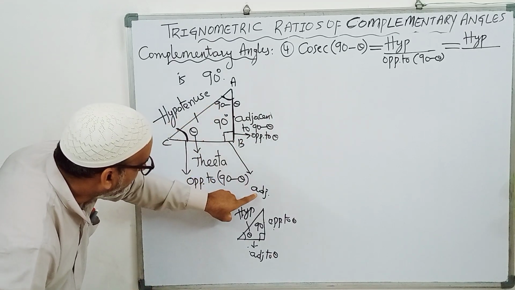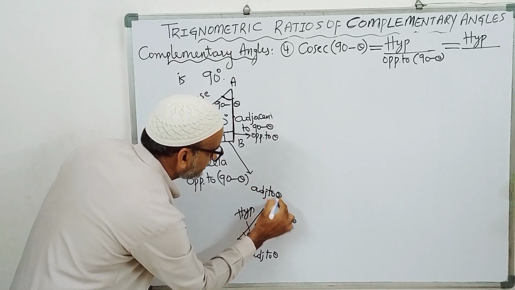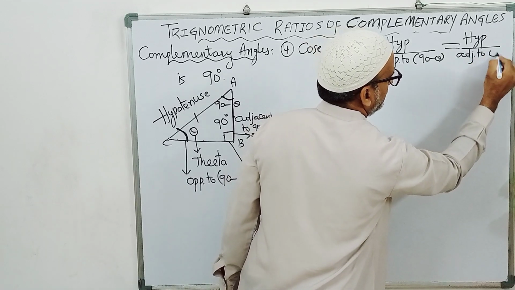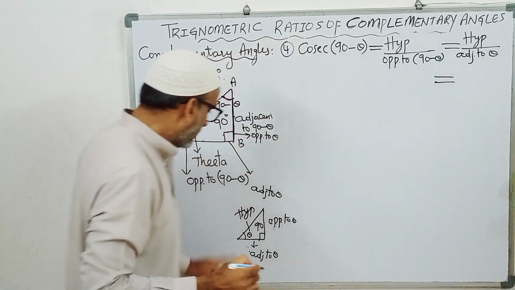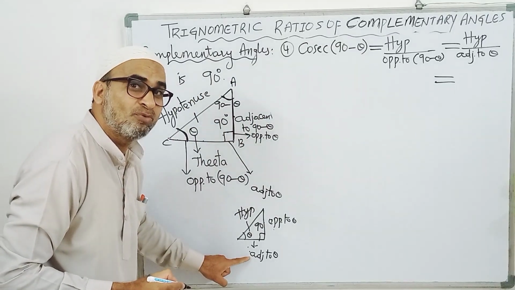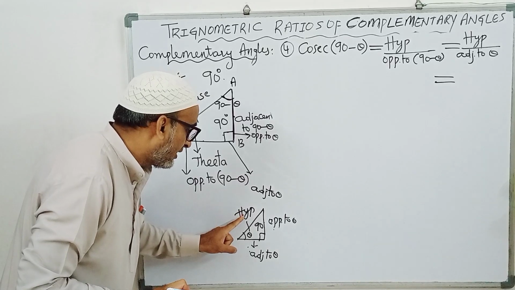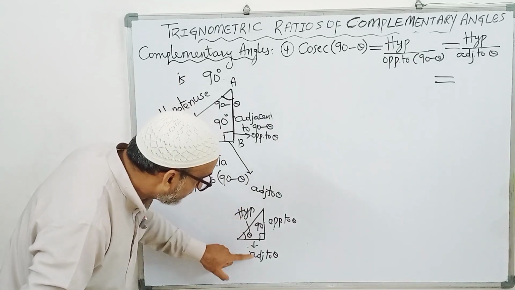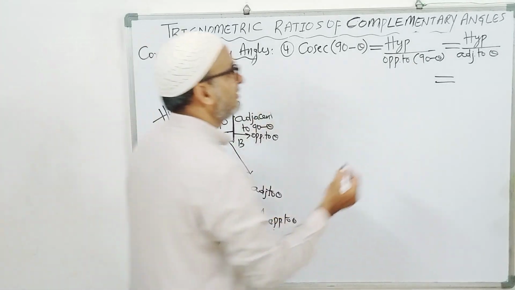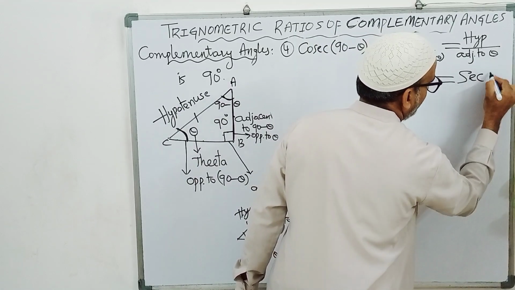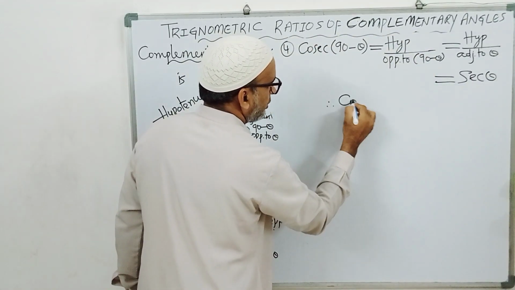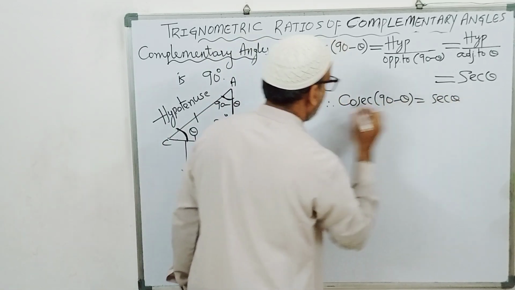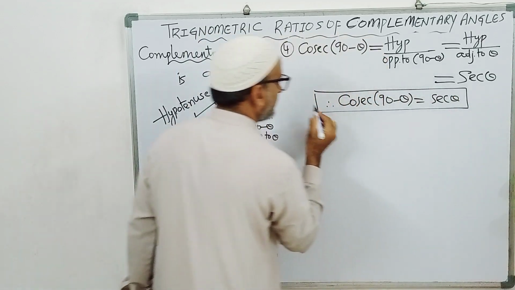Opposite to 90 minus theta, another name is adjacent to theta. Hypotenuse by adjacent means sec theta. Therefore, cosec of 90 minus theta is equal to sec theta. This is my fourth complementary angle.